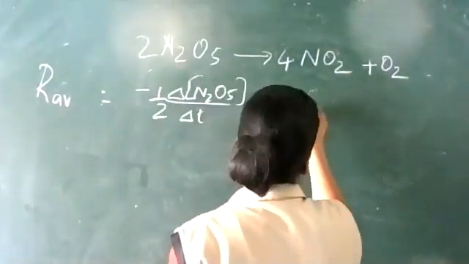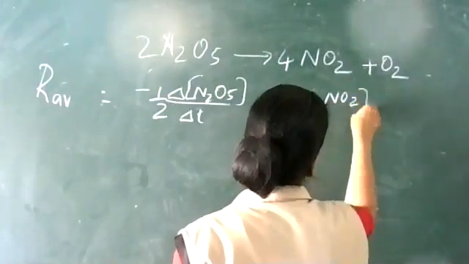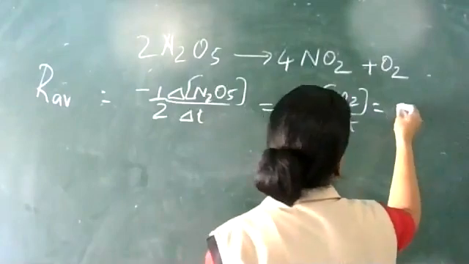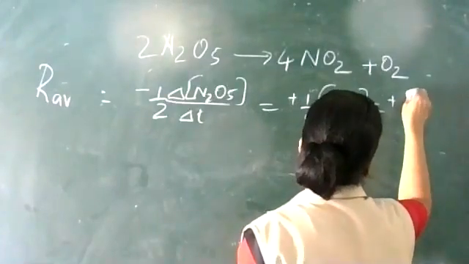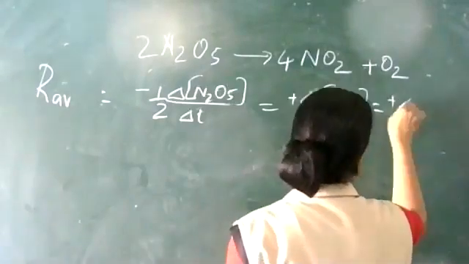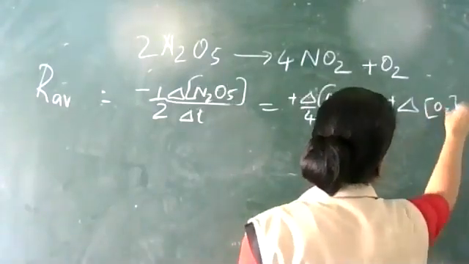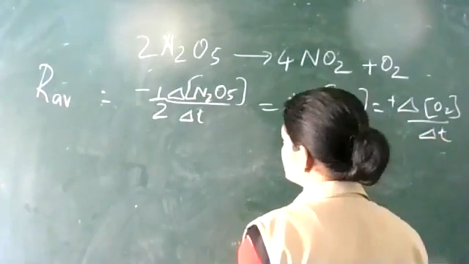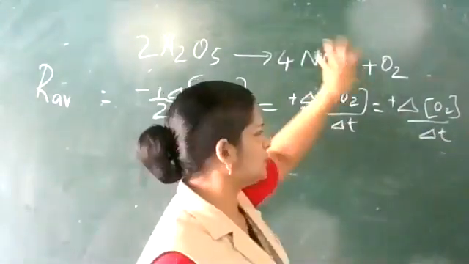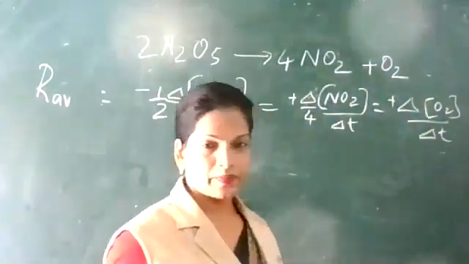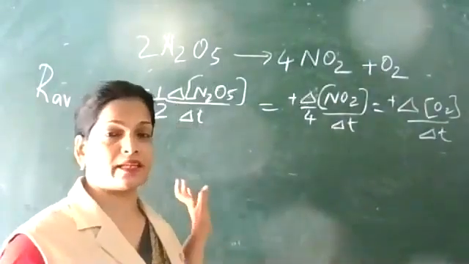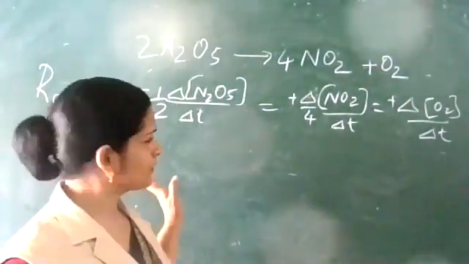Here plus 1 by 4 delta NO2 upon delta T is equal to plus delta O2 upon delta T. So this is the rate in terms of this one, this is the rate in terms of that. In each and every case, the corresponding stoichiometric coefficient is kept inside in the denominator.